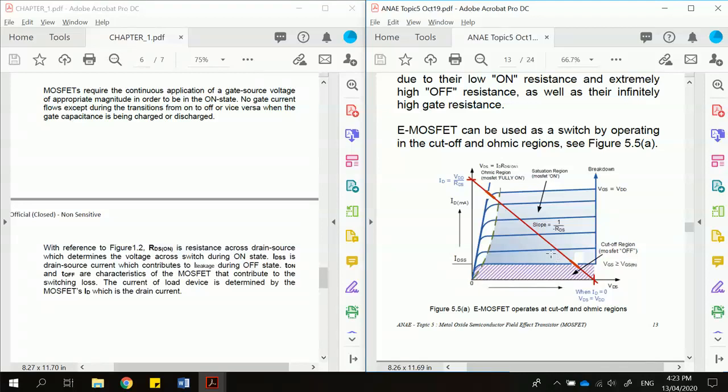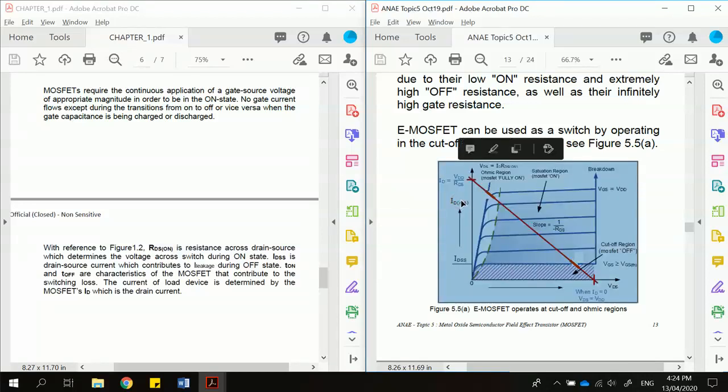So what about the ohmic? The ohmic is in this region whereby you see these tinted green dotted lines. To the left of these green dotted lines, this whole region here is called the ohmic region. This ohmic region is when we have quite high I drain.